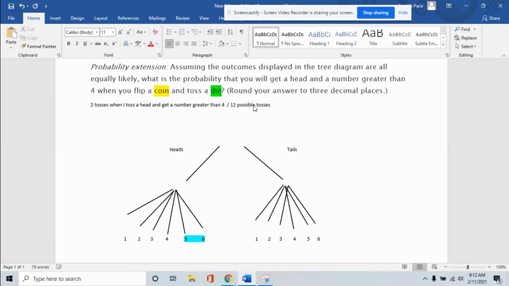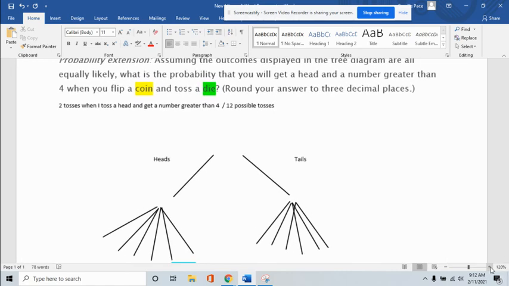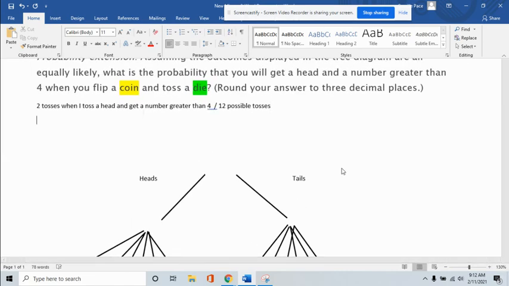Okay, so you see what I got there. Basically it's 2 divided by 12. And if I put that in my calculator, 2 divided by 12, I get 0.16667, or 0.167. Okay, that's how you get that.